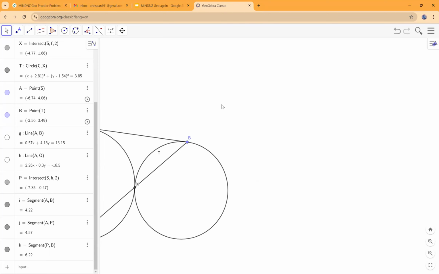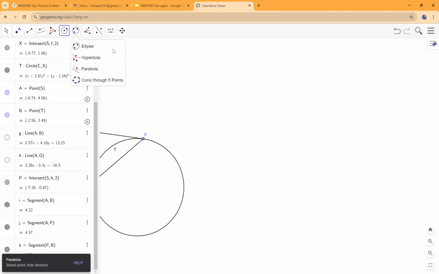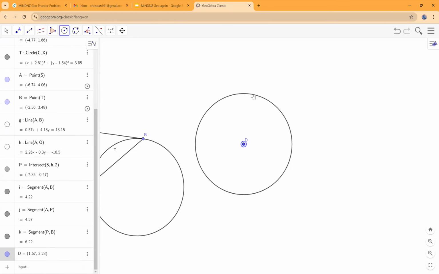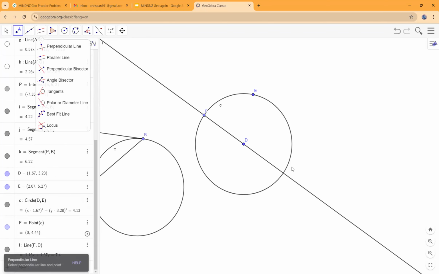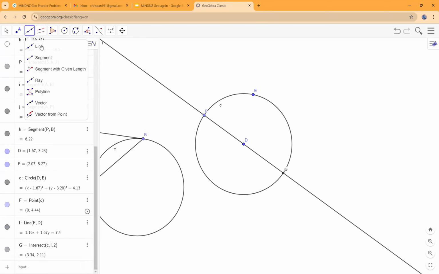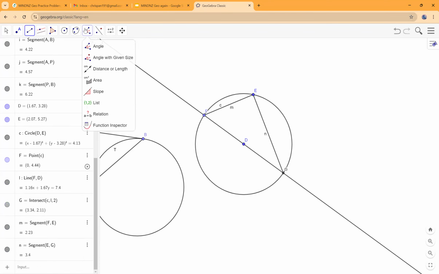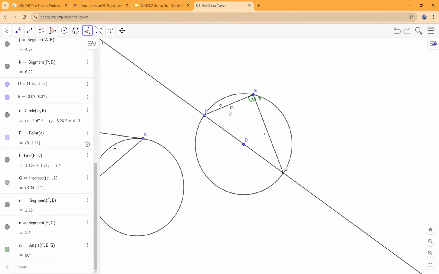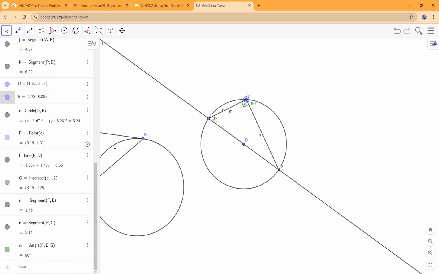I'll go over it again. It's not a very deep theorem. Maybe you've even encountered it in school. It just says that if you have a diameter and you connect it to a point on the circumference, then the resulting angle you form is 90 degrees. As I drag E around, this will always be 90 degrees. That's what the theorem is.